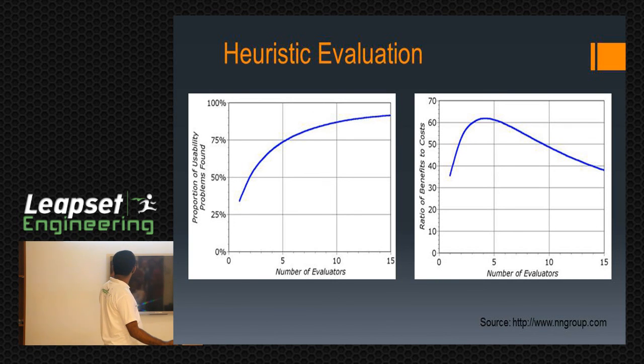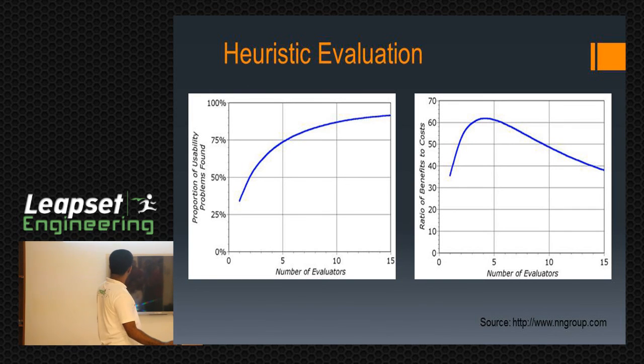If you get 5 evaluators, you can find 75% of usability issues in your software. This is the result of research conducted by the Nielsen Norman Group, the most recognized institute regarding software usability.